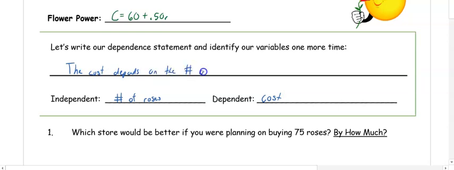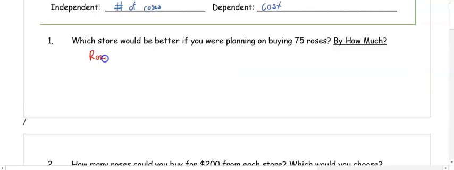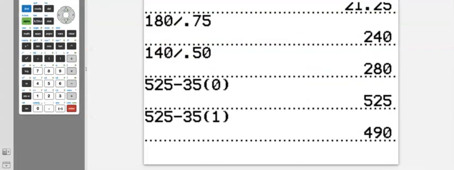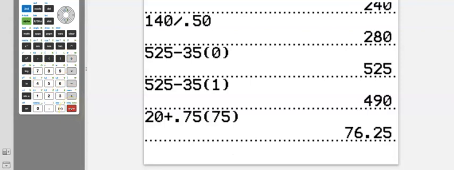the number of roses. So we want to see which store is going to be better for us if we're planning to buy 75 roses. So at Roses Are Red, we have to pay $20 plus 75 cents per rose. So we can do 20 plus 0.75 times 75.